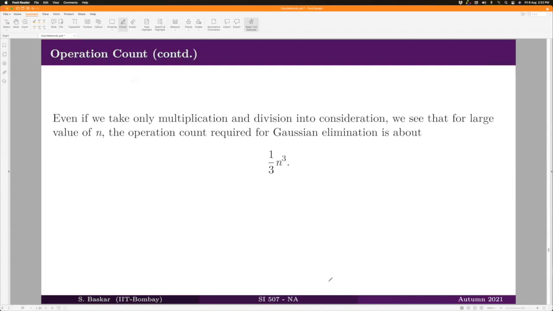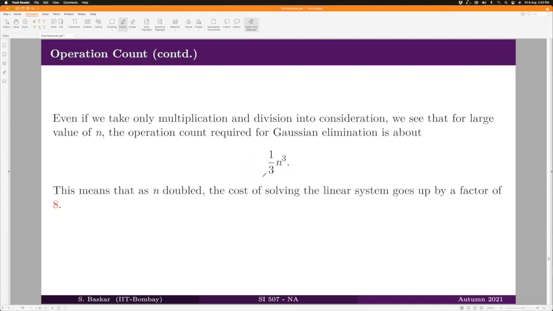So the conclusion of our operation counting is, even if we take only multiplication and division into consideration, we see that for large value of n, the operation count required for Gaussian elimination method is approximately 1/3 n cube. This means that as n doubles, the cost of solving the linear system goes up by a factor of 8. Okay, so that is what we are inferring, and that is really very costly.